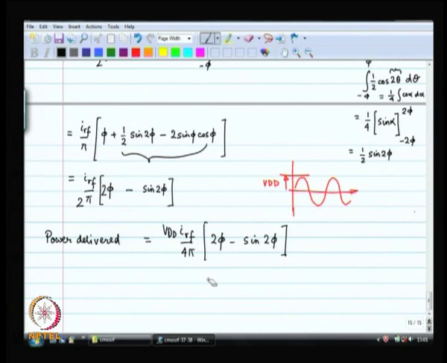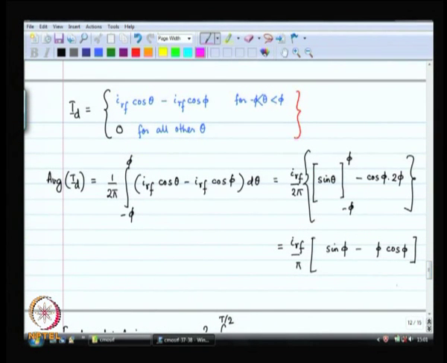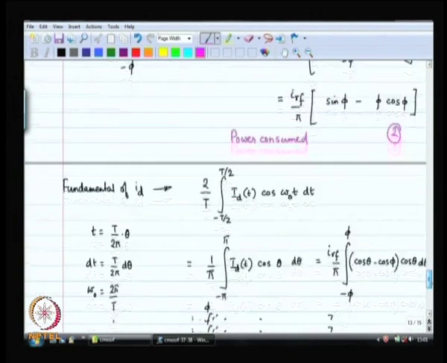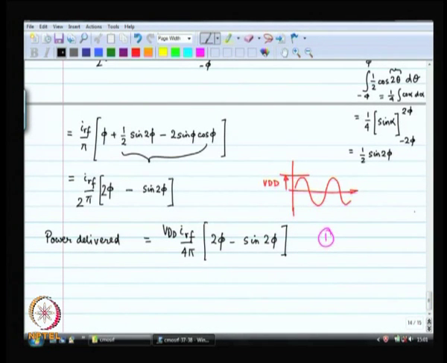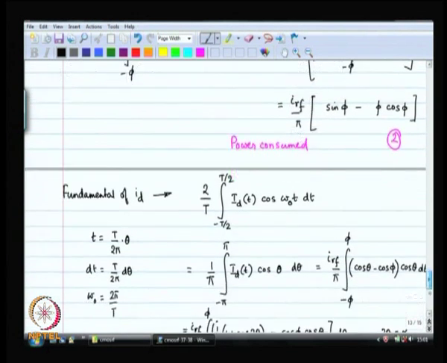okay. And you compare this expression against this expression, which is VDD times that quantity, and what you are going to get, VDD times IRF by pi, I think, will go away.